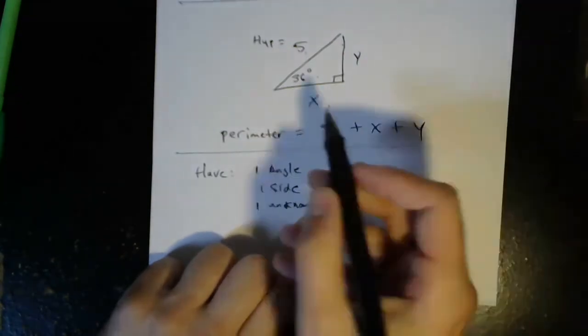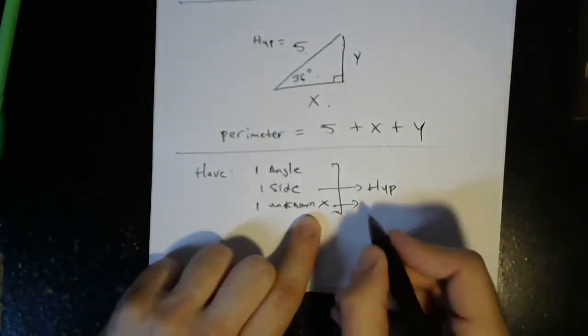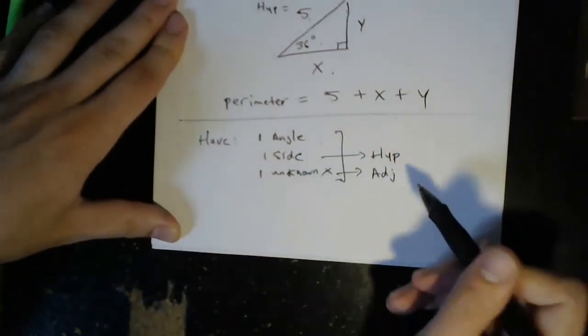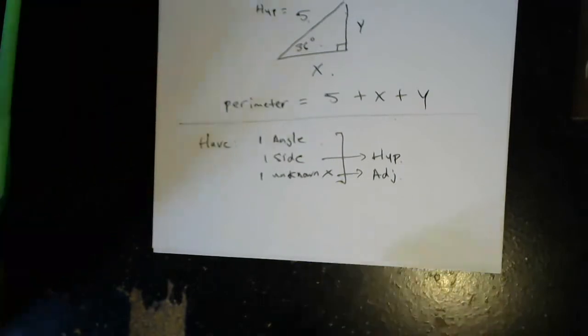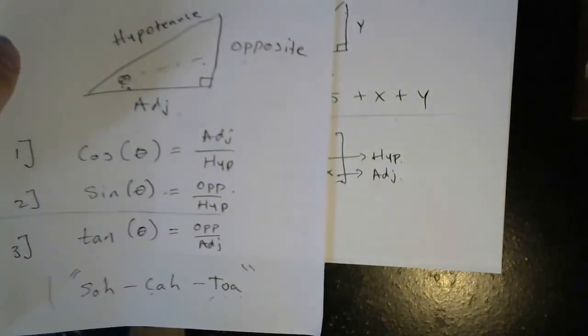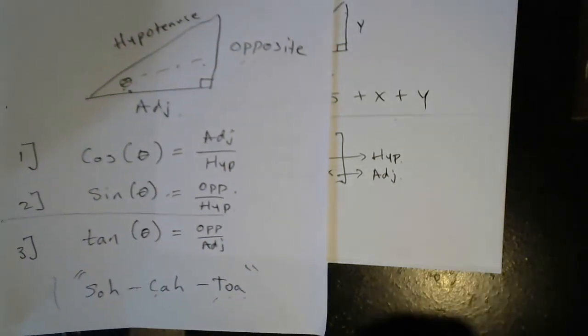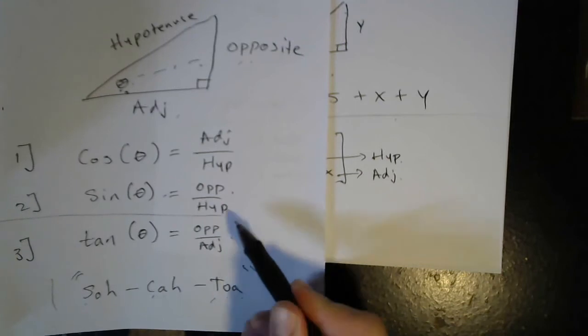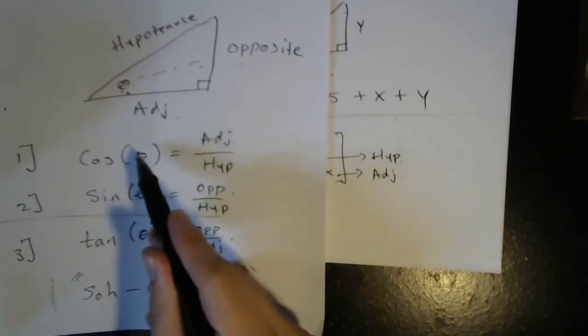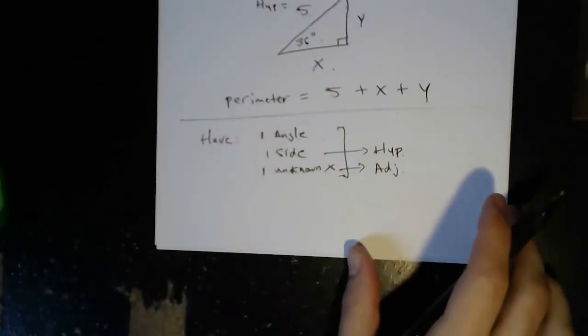In this particular setup, X would be the adjacent side, right? So we want the angle, hypotenuse, and adjacent. So we gotta think, which trig function is this? Hypotenuse and adjacent. It's not that. It's not that. Hypotenuse, adjacent. So we want cosine.